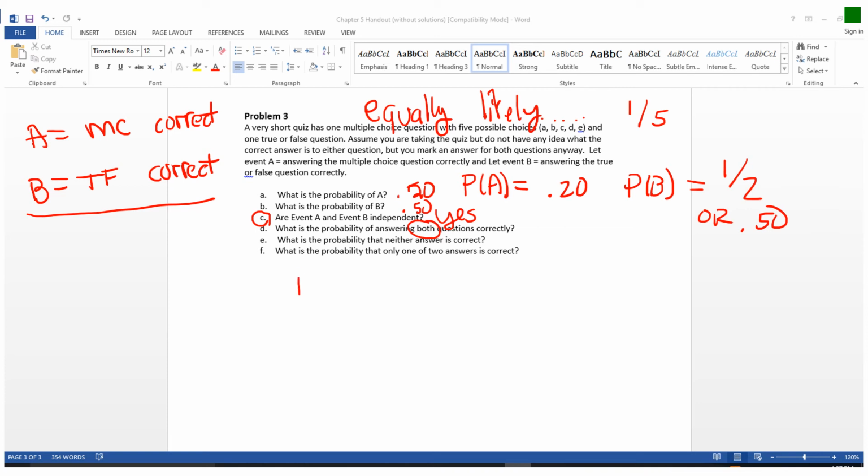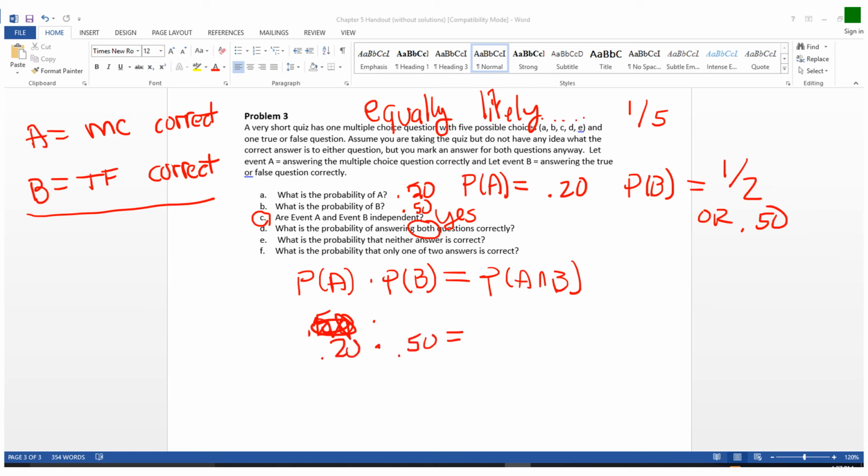And then that brings us to letter D, where it says both. Remember, your multiplication rule to figure out the both is by taking A times B to equal, essentially, that intersection, which represents both. So to get the both answer, you'd simply take the probability of A, which is 0.20, and multiply that by the probability of B, which is 0.50, and of course you'd get 0.10, guys, so that would be your intersection, okay?